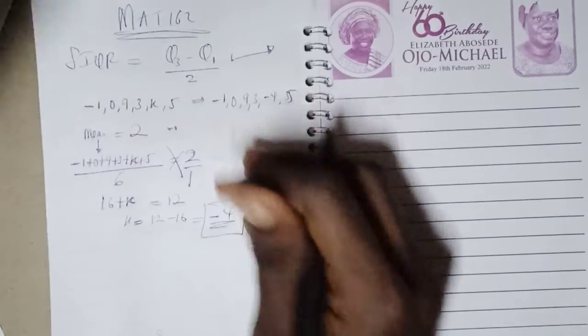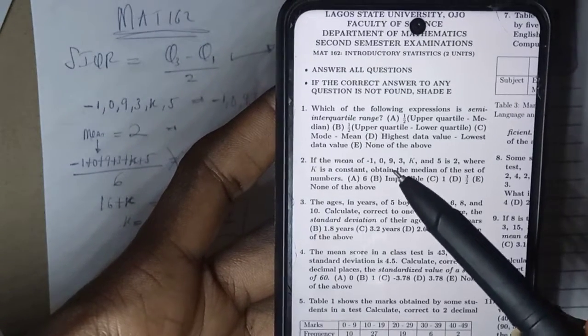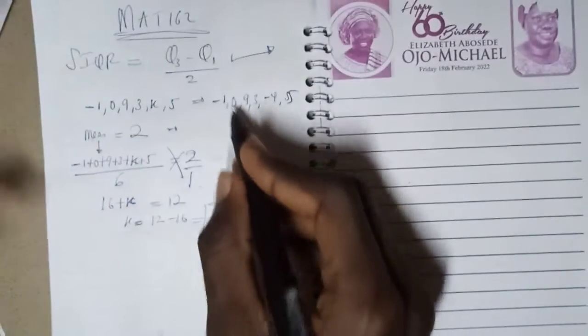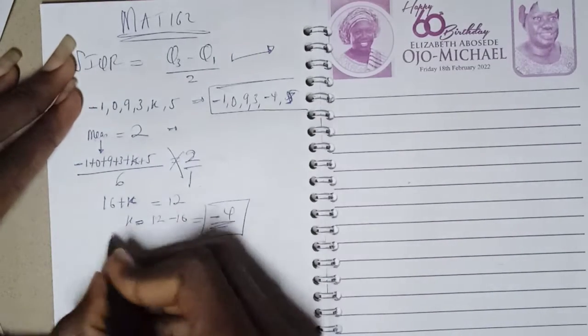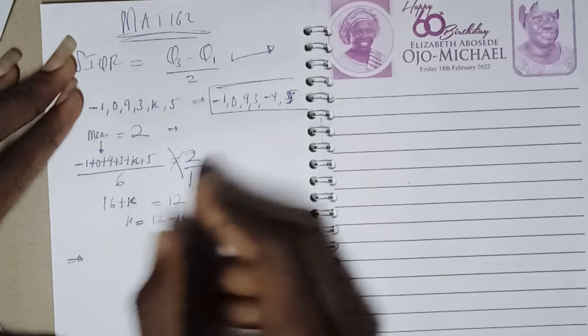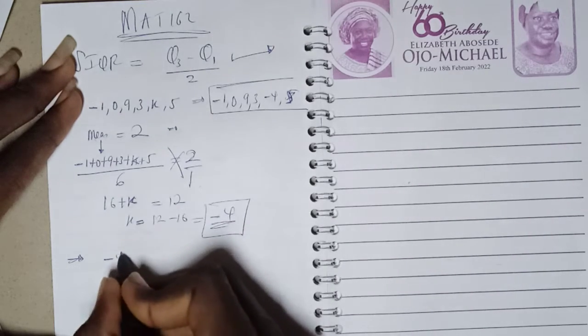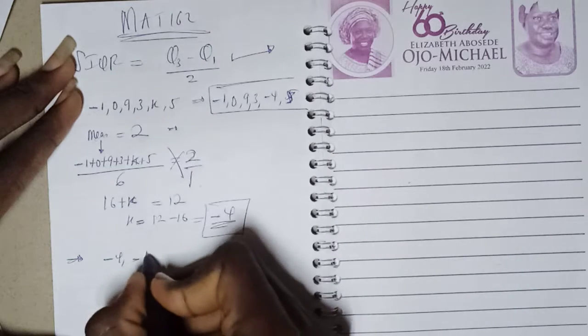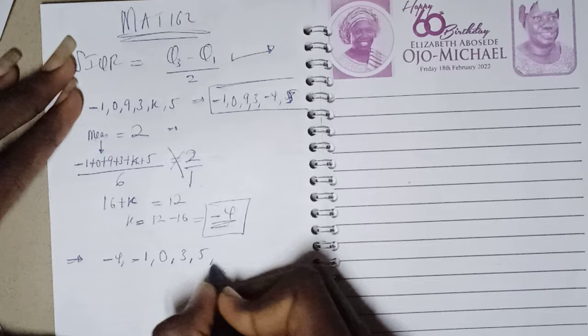But in the question, we are not interested in K. They say we should obtain the median. Whenever you have a set of values, you need to arrange them in either ascending or descending order. Let me arrange this in ascending order. The least here is minus 4, followed by minus 1, then 0, 3, 5, and 9.